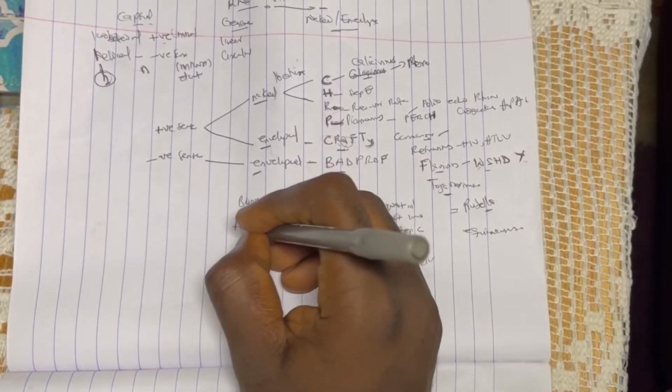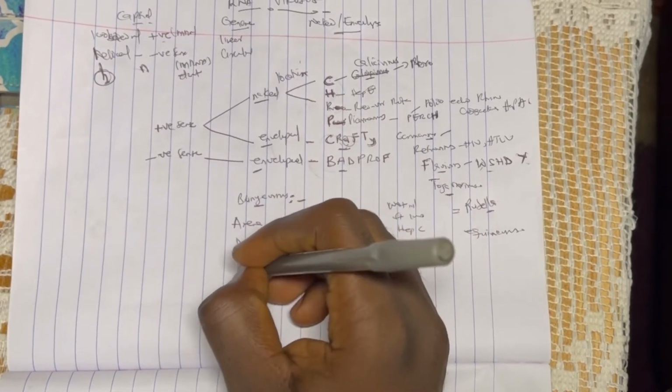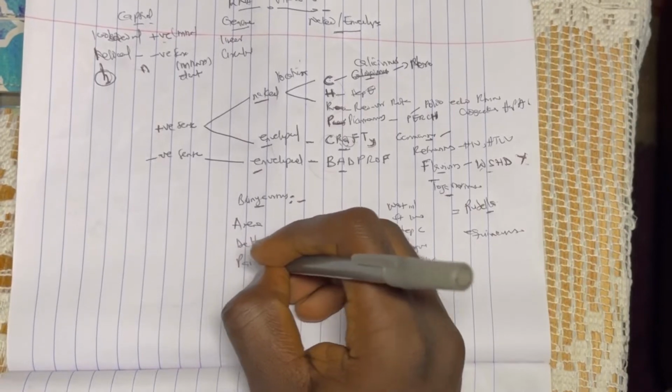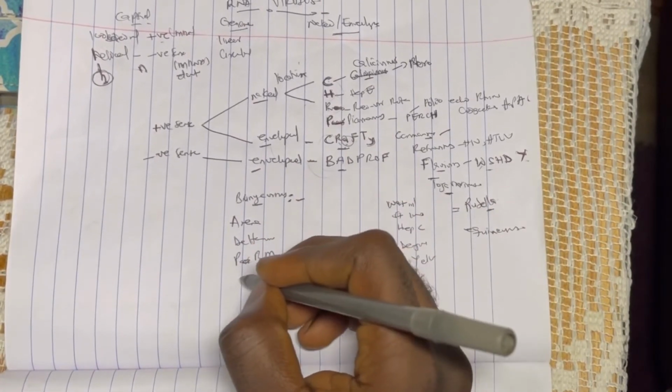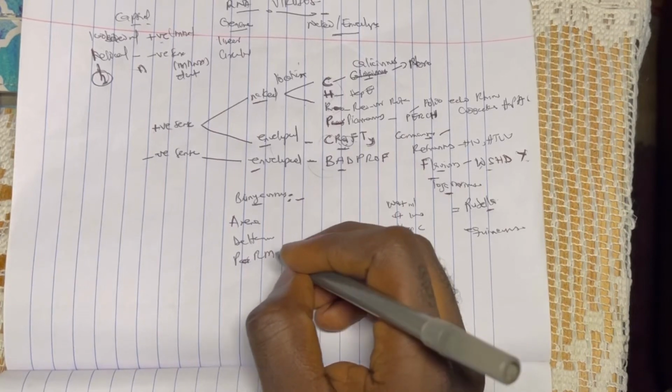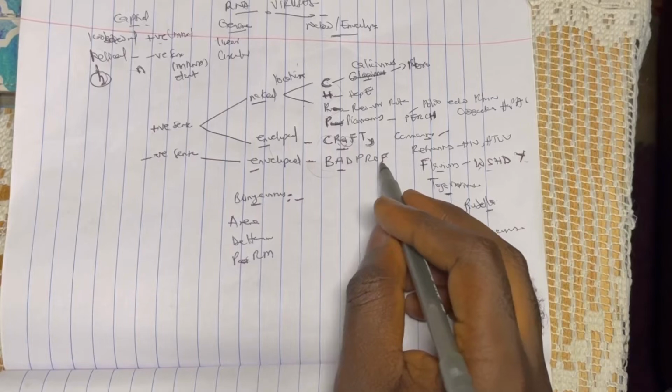So A for RNA virus, D for Delta virus, P for paramyxovirus, so PRM. So BADPROF.